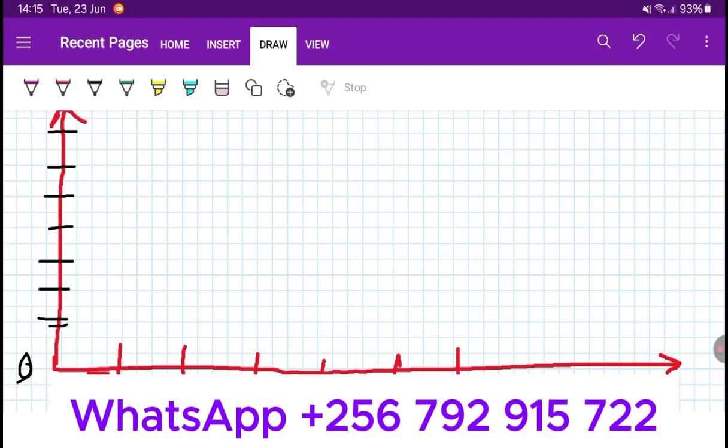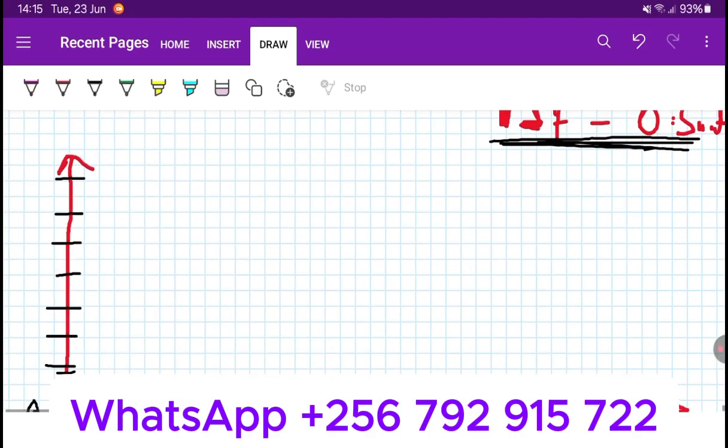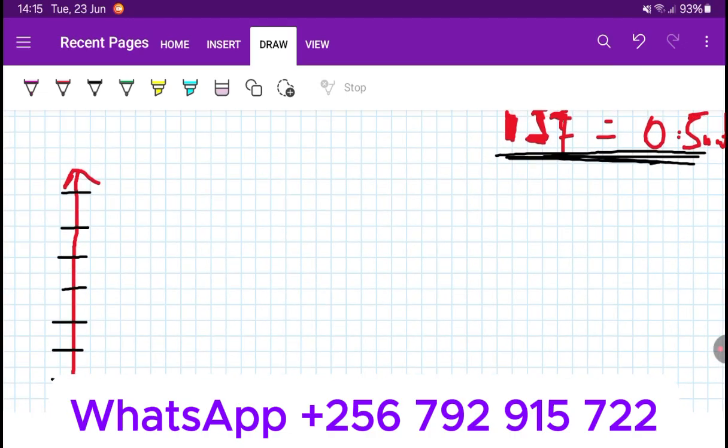So maybe let me adjust upwards, or I can adjust the scale, because this is not a graph paper, but I'm trying my best to make sure that the information fits in. Let me adjust upwards just slightly to make sure that we are including the value for 40. That's 40.